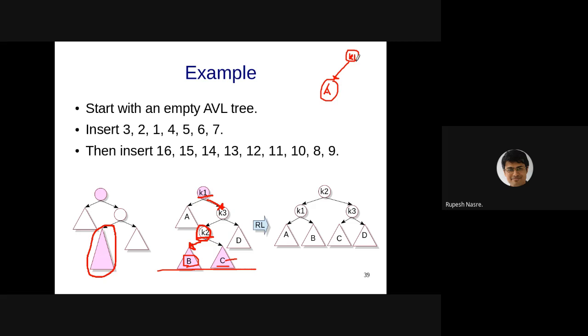But K1 has the right child as K2, because we have done a right rotation on K3. The leftmost child and the rightmost child do not change. So this continues to remain B.